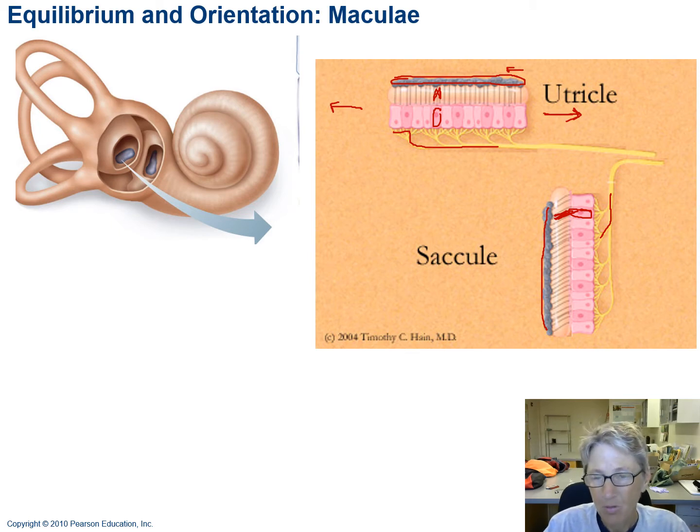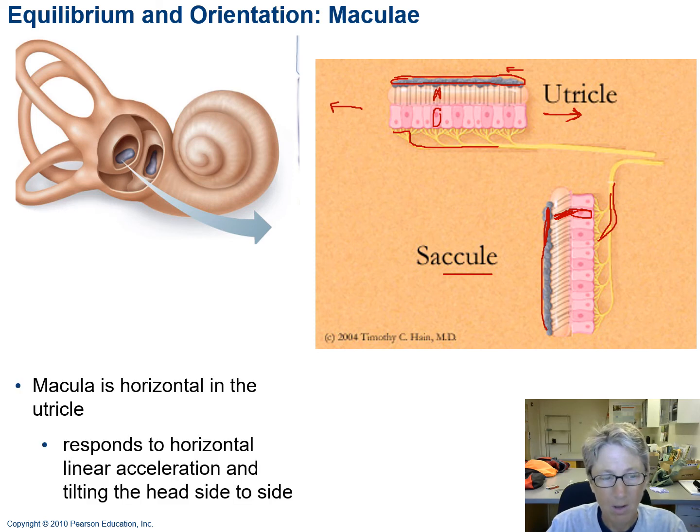Same thing with the saccule. If you stand up, or from a standing position you sit down, that's going to move the otolithic membrane, and then that's going to tug on the kinocilium, and they'll have a bunch of cool biochemistry to activate the vestibular nerve to tell your brain your equilibrium and orientation of your body.